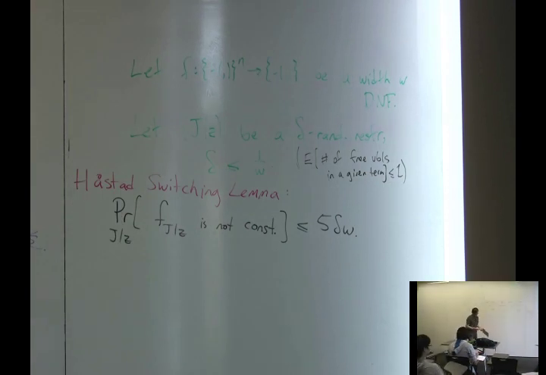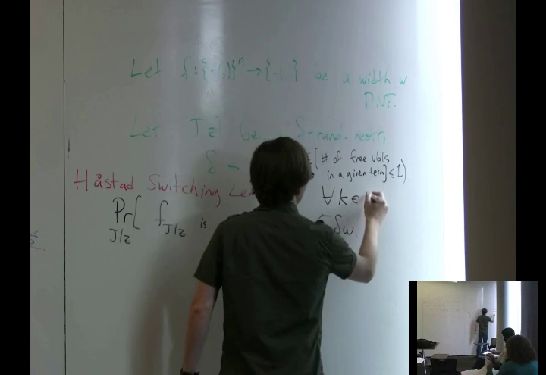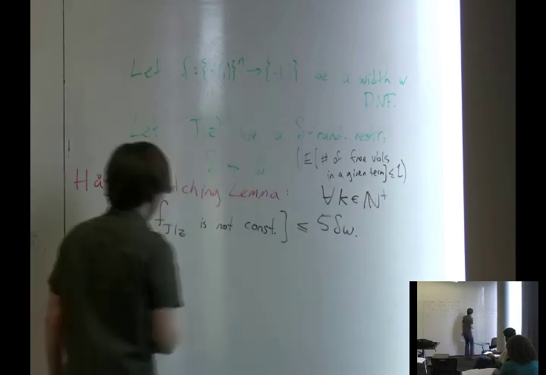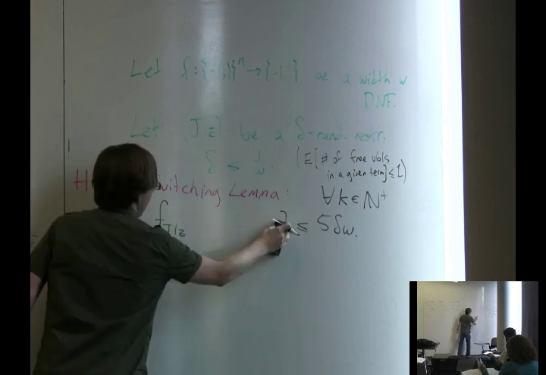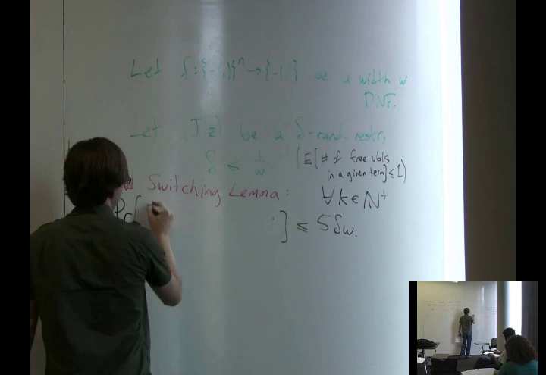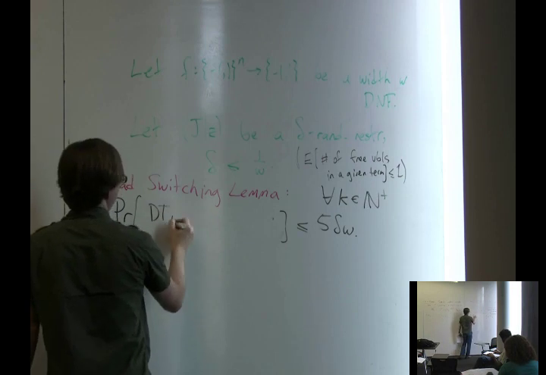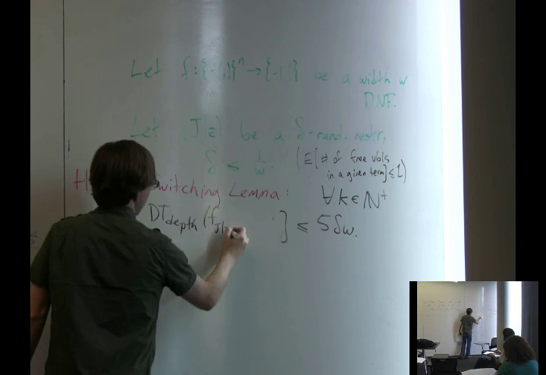It says, for all k, a natural number, the probability that the restricted function cannot be computed by a shallow decision tree is really small. So let me write this.